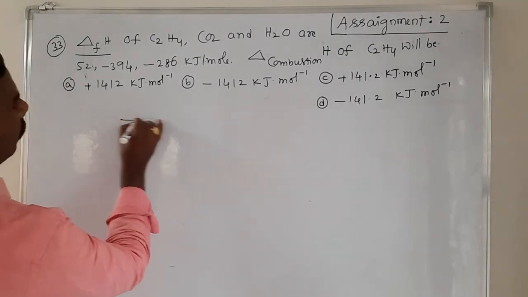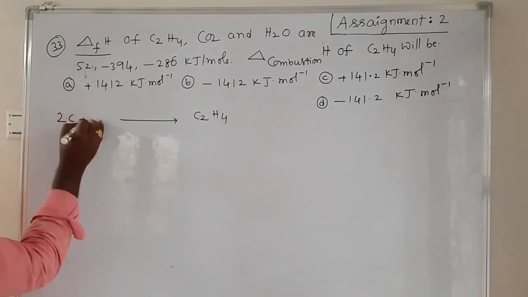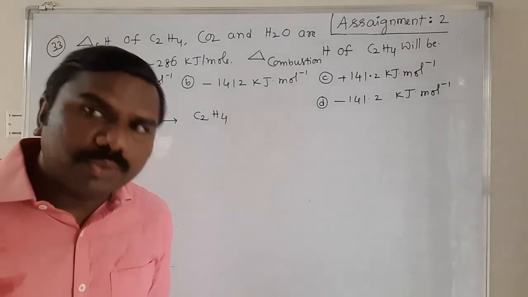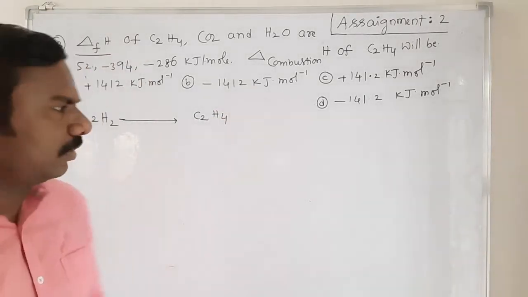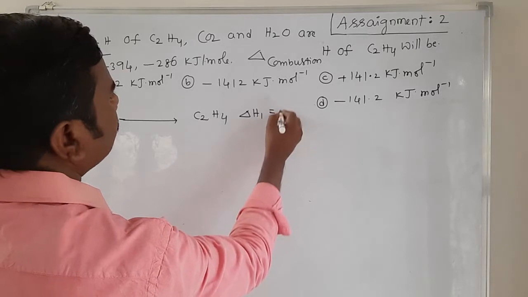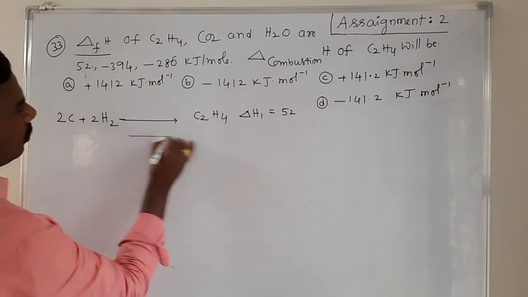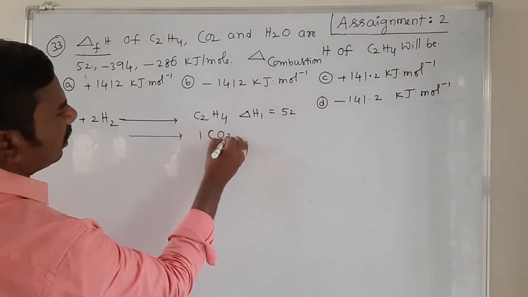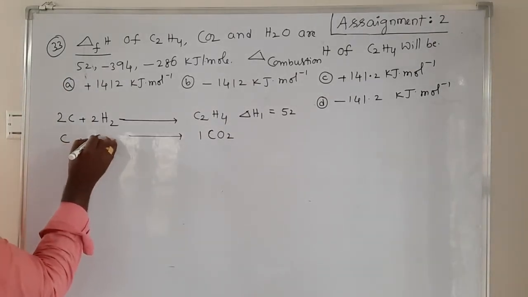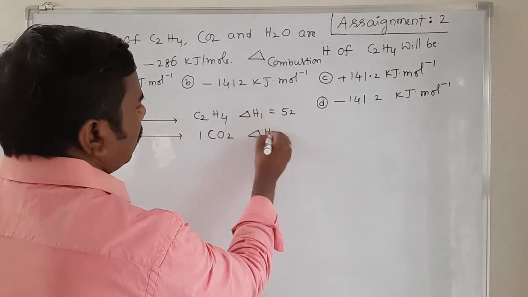So, to form 1 mole of C2H4, 2 moles of carbon and 2 moles of H2 are required. Hydrogen is taken from H2, 2 H2s, nothing but H4. This is taken as delta H1, students. The value given is 52 kilojoules per mole. To form CO2, one CO2 must be formed, then only it is called enthalpy of formation. So, C plus O2 gives CO2, considered as delta H2.